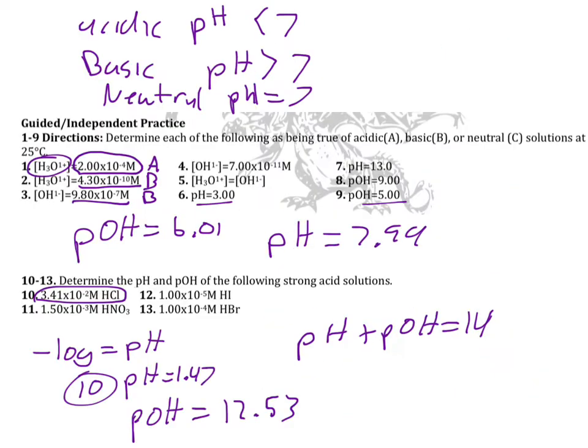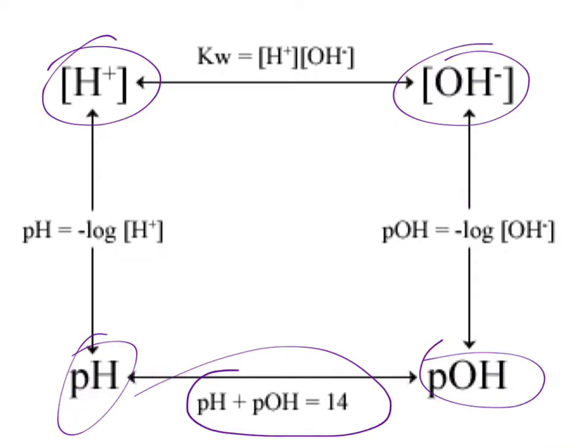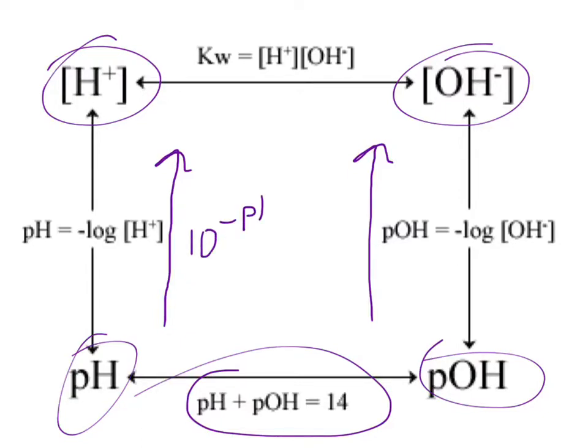So I want you to go to this here, and I want you to draw an arrow going this direction here, and an arrow going this direction. So if we're going from pH to hydrogen ion, the way we go from pH to hydrogen ion is we do 10 to the negative pH is equal to the hydrogen ion concentration.